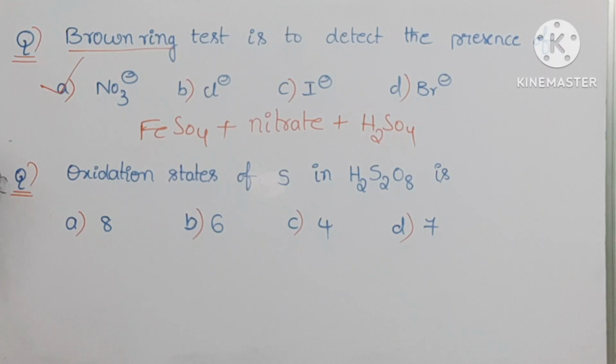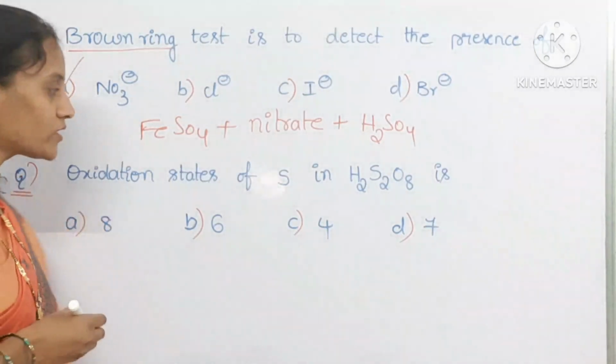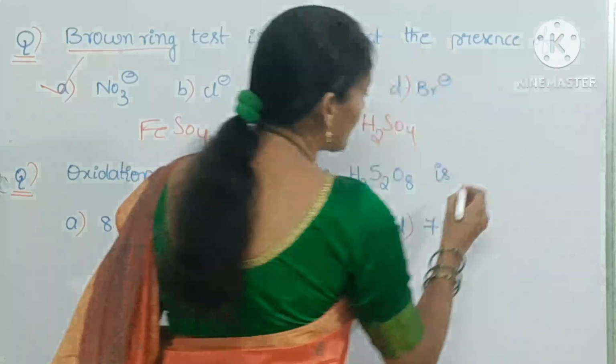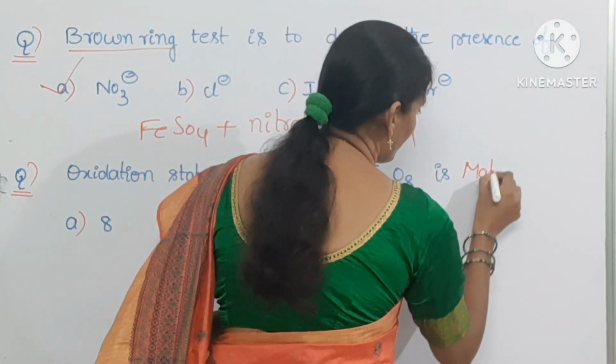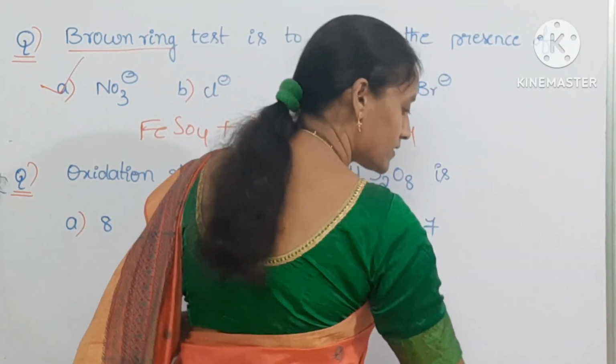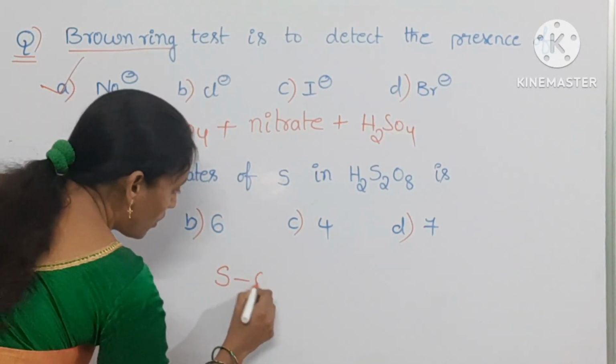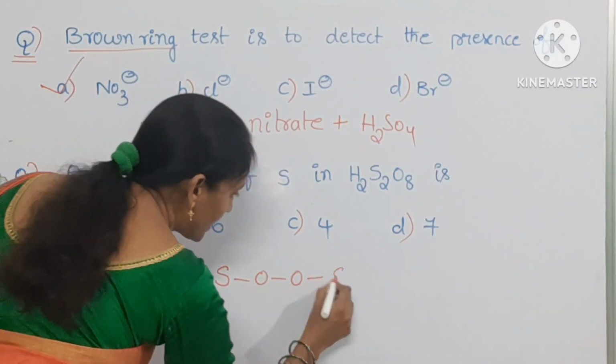Then the next question: the oxidation state of sulfur in H2S2O8, also known as Marshall's acid. You can see its structure: sulfur, oxygen, sulfur.